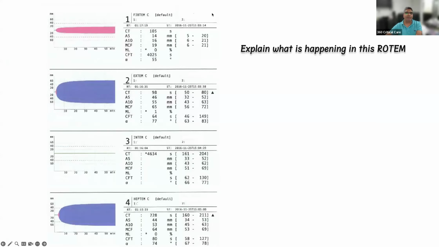What's happening with this one? Can you take us quickly? So 15 A5 is normal.